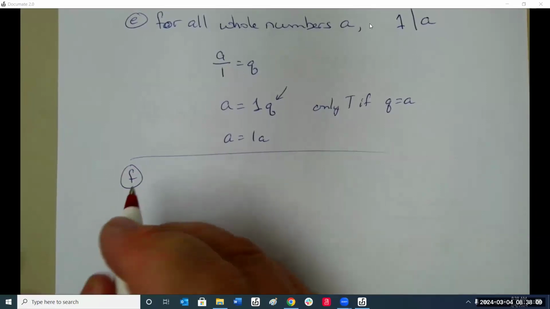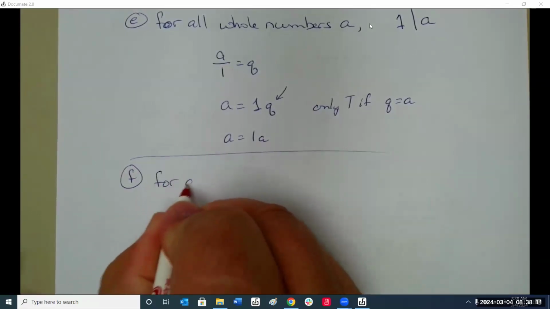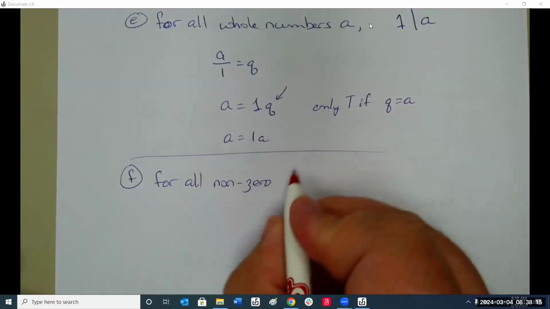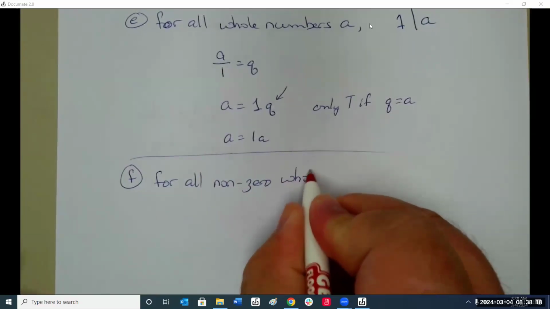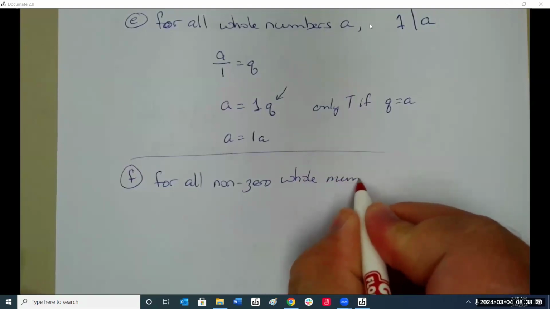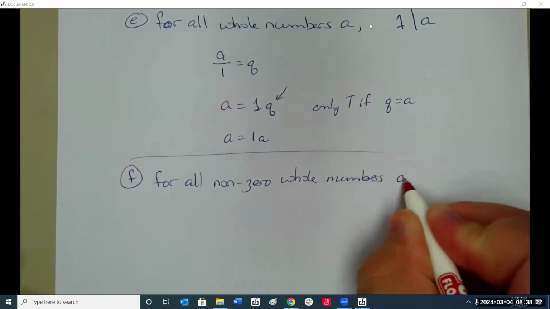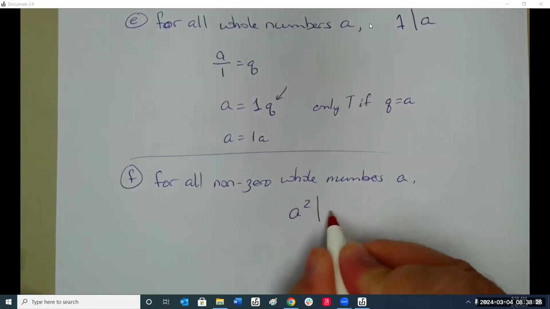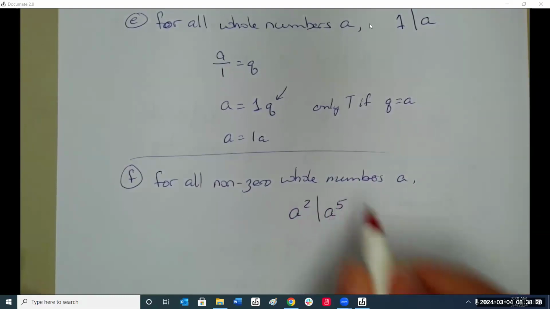F. For all non-zero whole numbers A, A squared is a divisor of A to the fifth.